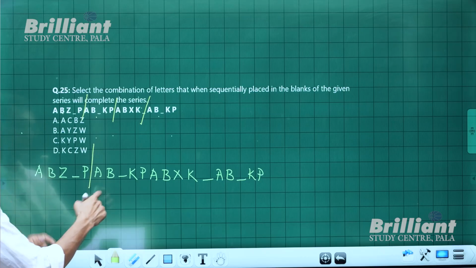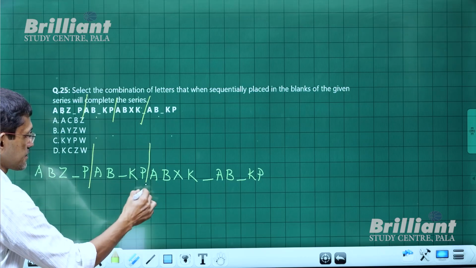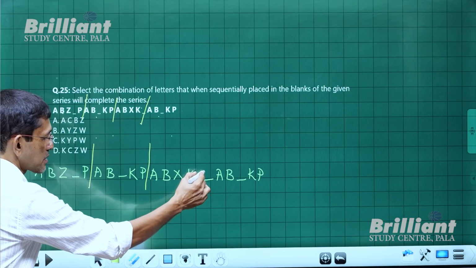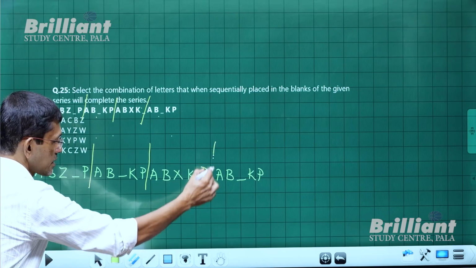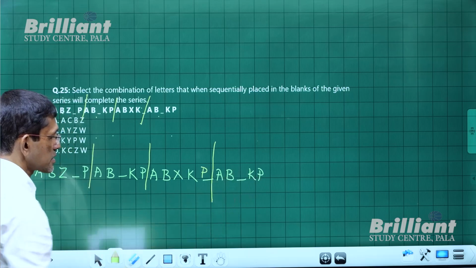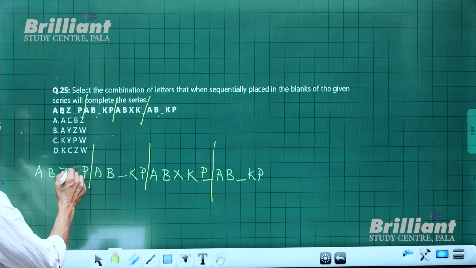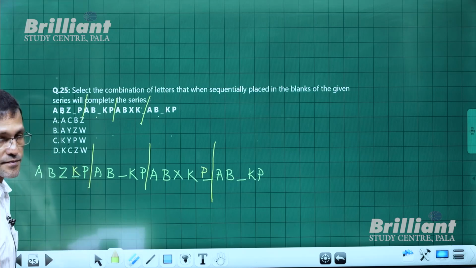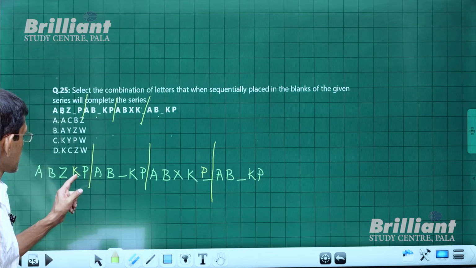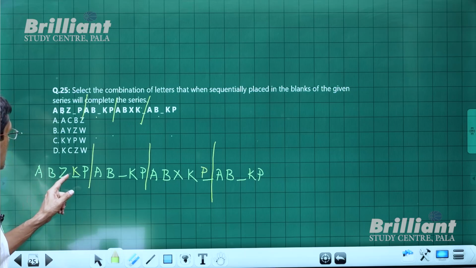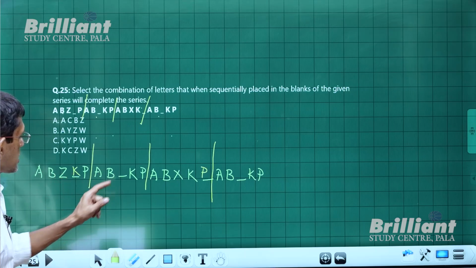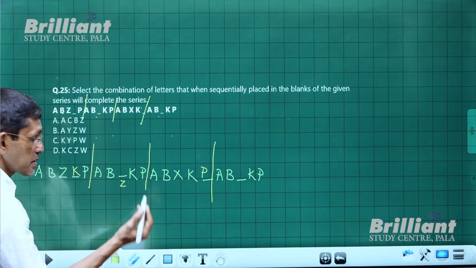First sector, second sector, and the third one, probably that P comes over here. Then AB, this is KP. So the last part is KP, here it's KP, so it must be KP as well. So here it's ABZ KP, here it is ABZ KP, could be.